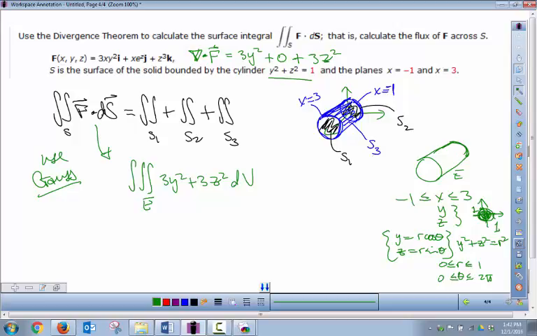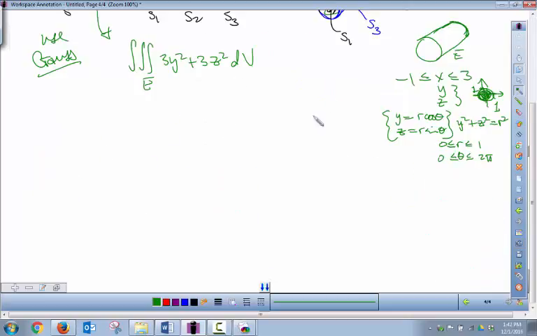Oh, I should have started to work on the integral first, but oh well. We're here now, so let's see. Our, we'll integrate with respect to x from -1 to 3.